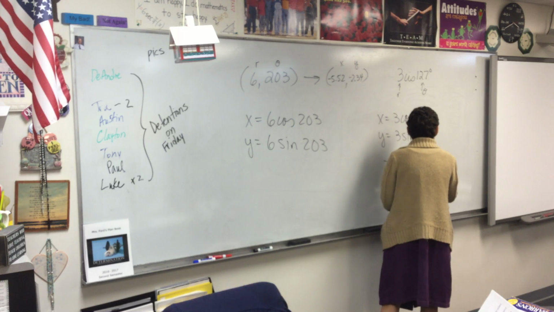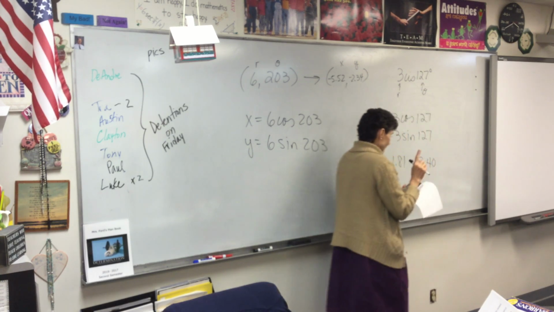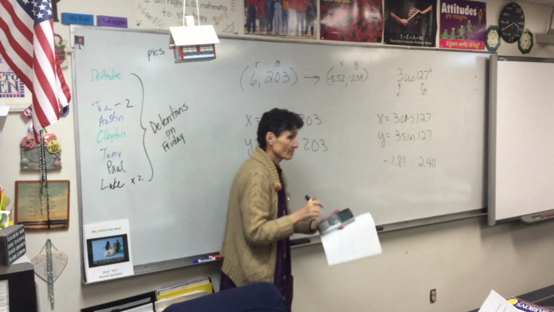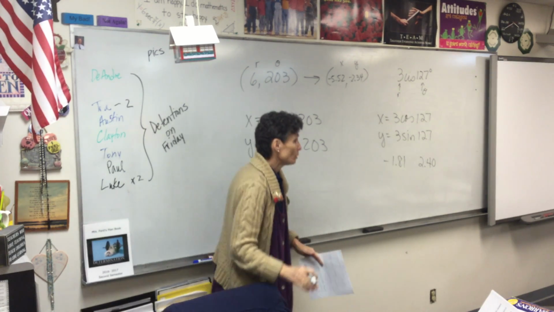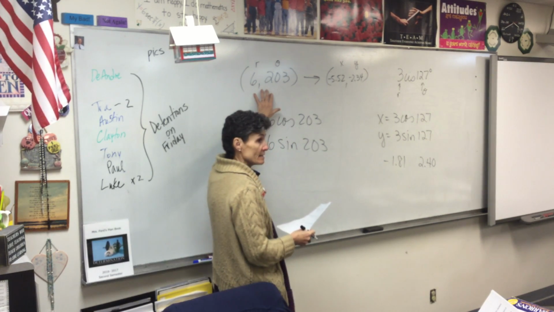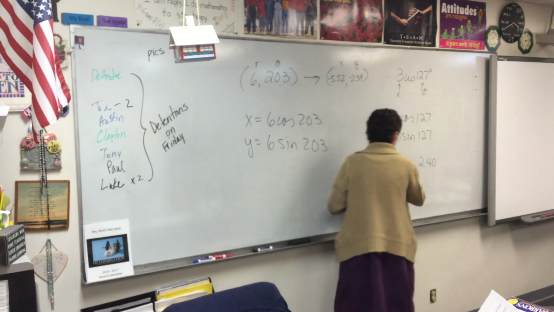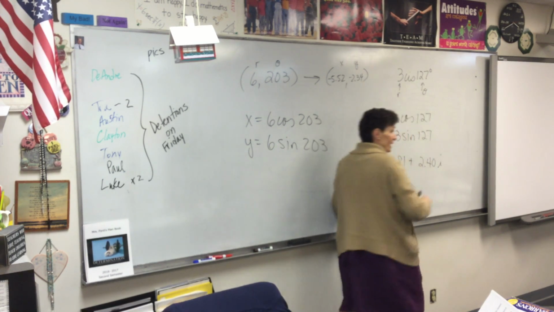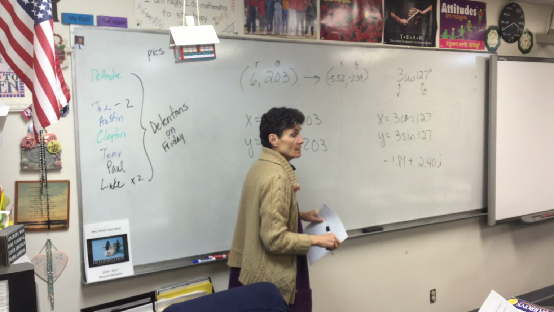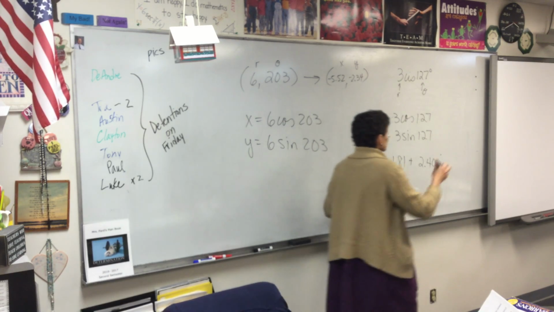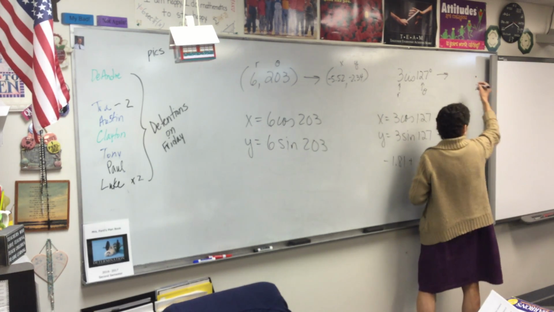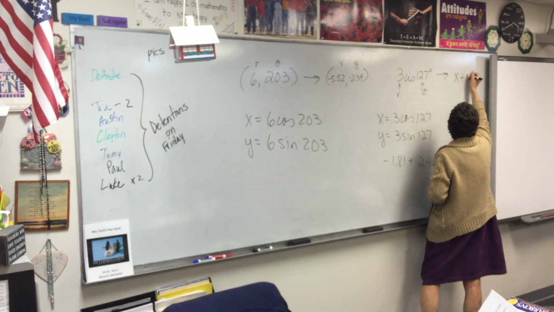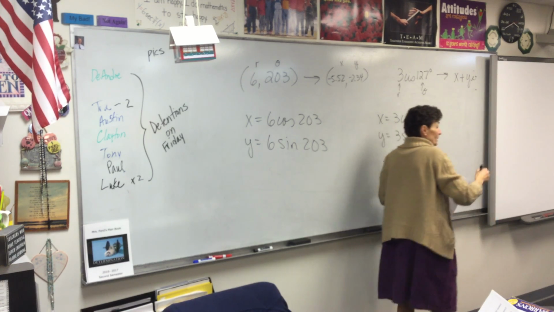The difference is this time, instead of putting it in parentheses, I'm going to say X plus Yi. When it says change to rectangular form or complex form, it means this.